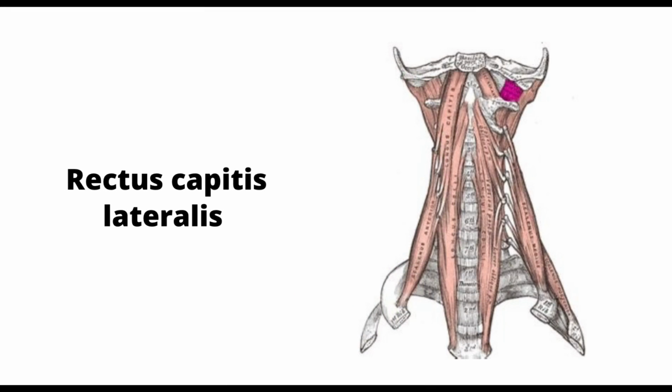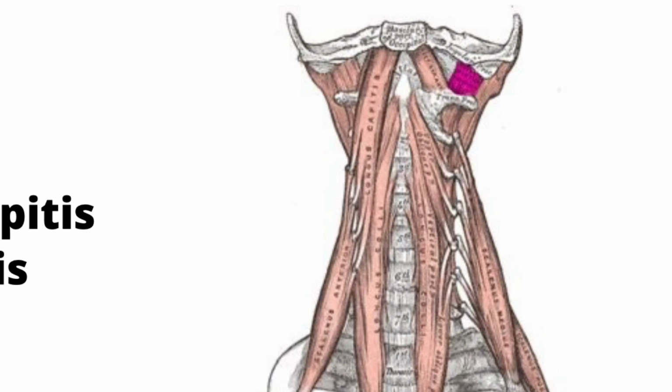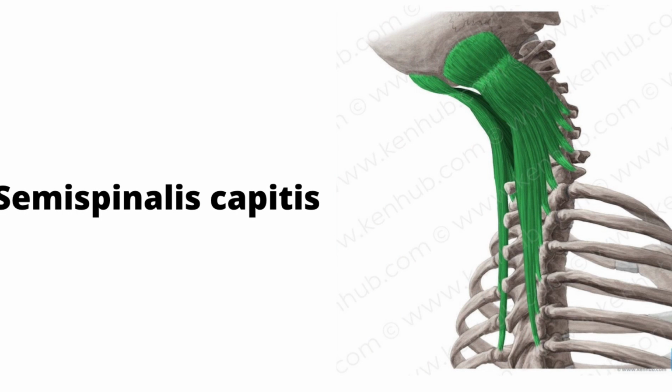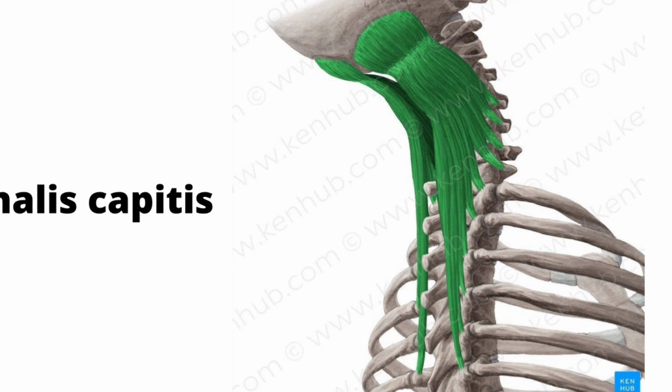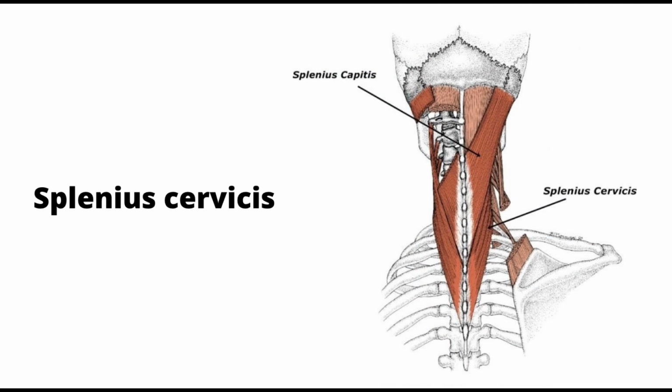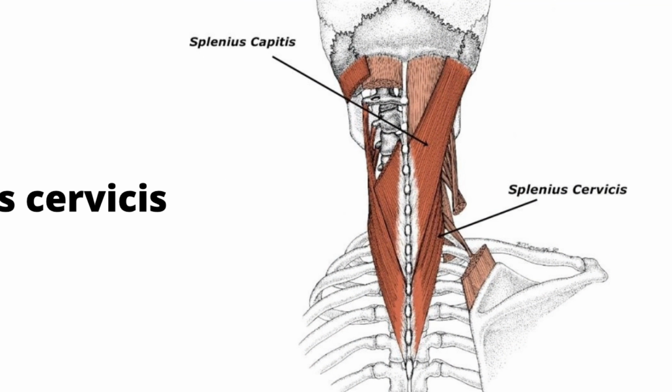The rectus capitis lateralis is in charge of flexing the head and helps stabilize it. The semispinalis capitis does neck extension, lateral rotation, and lateral flexion. The splenius cervicis extends, laterally flexes, and rotates the head and neck.